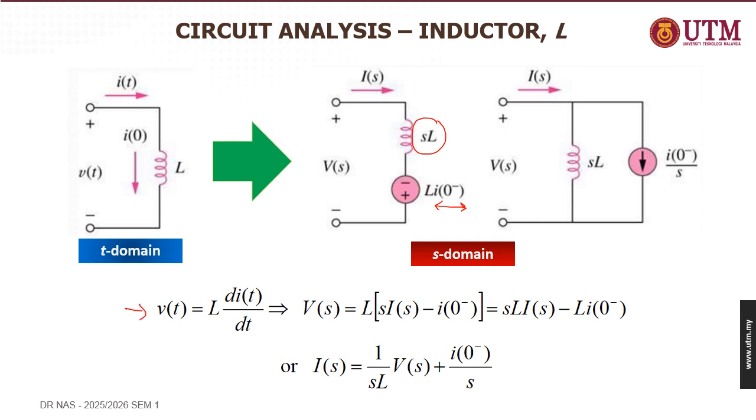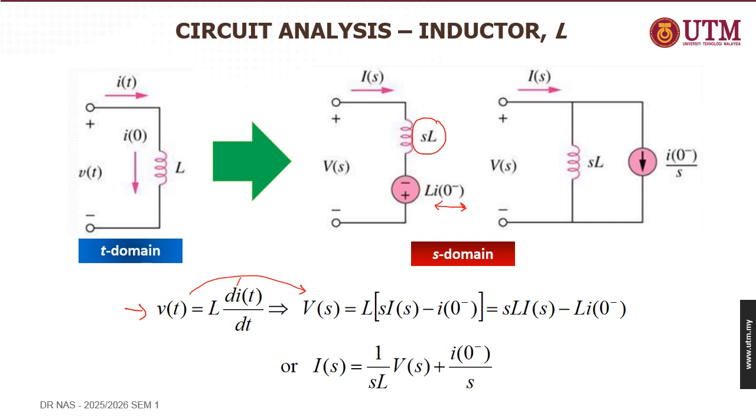So if we convert this into S domain, L di/dt, you have a differential equation in time domain. When you convert into S domain, you need to perform conversion of the differential equation.